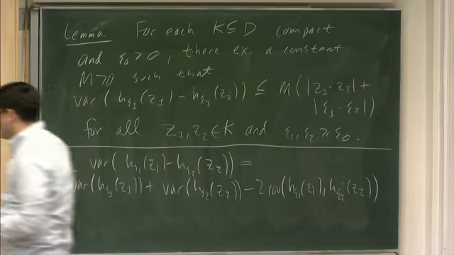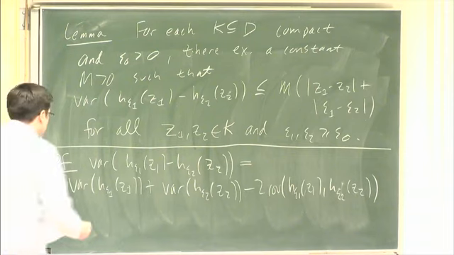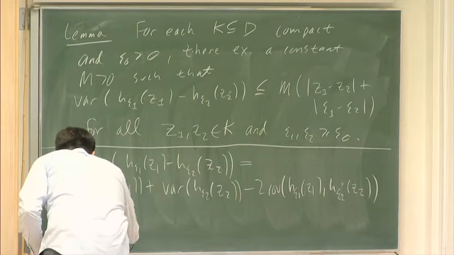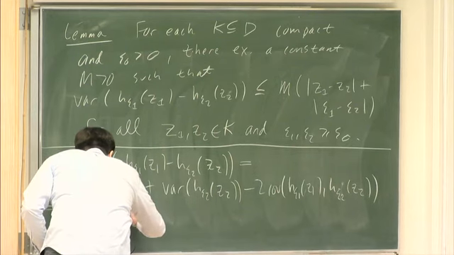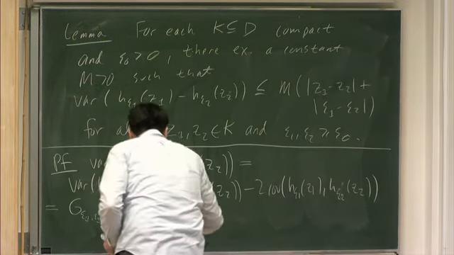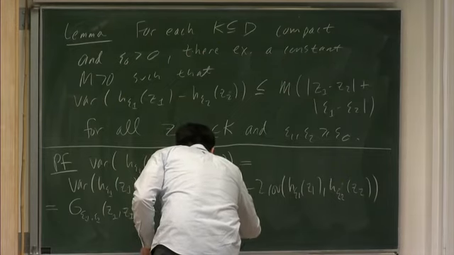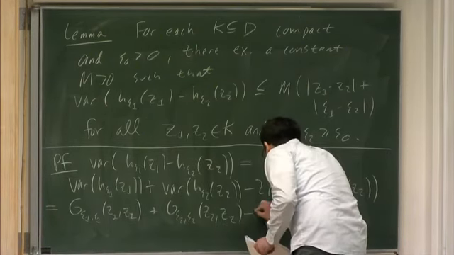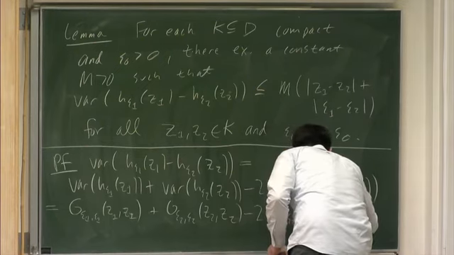Okay, so we just took the variance and then expanded it. In this first one here, this is what we called G epsilon 1 of Z1, Z1 from before. The second variance is just G epsilon 2 of Z2, Z2. And then the last term is 2 times G epsilon 1, epsilon 2 of Z1, Z2.